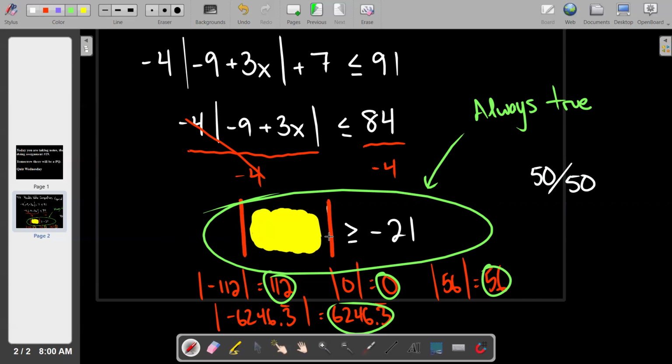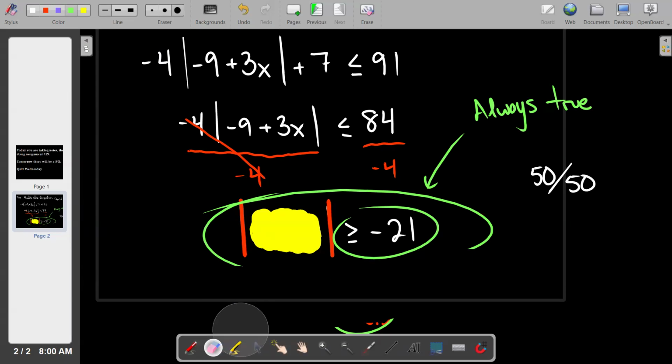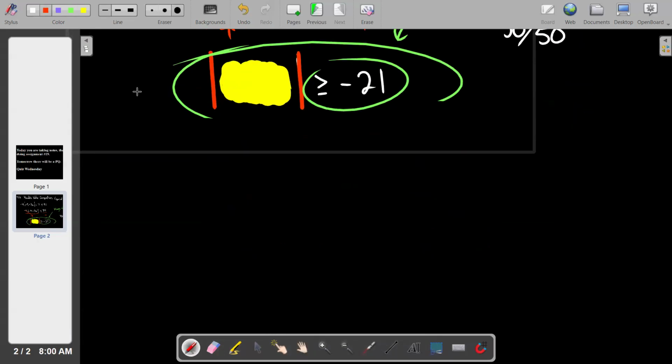Therefore, by default, it's going to be obviously greater than or equal to negative 21. Therefore, the solution to this inequality is not a math question as much as it is a common sense question. The answer to this question is that all real numbers are solutions. Pick any number you want.